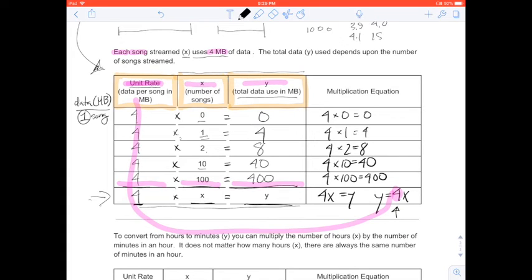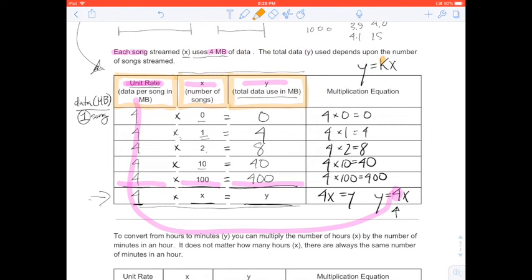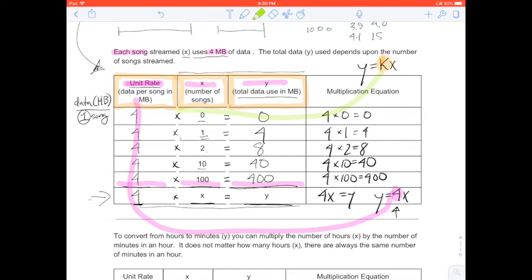So we can generalize this as y is equal to kx, where this k, that number before here, is our constant of proportionality, our unit rate. That will be the same every time.